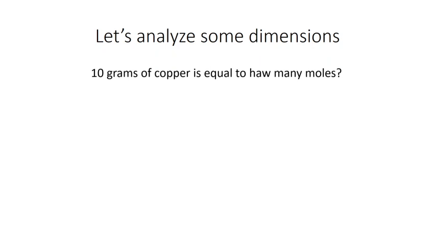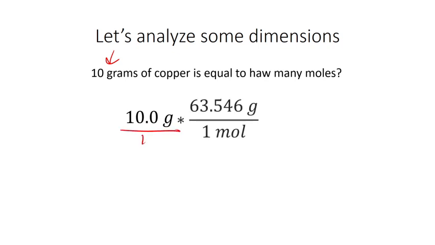Okay, so then if we start looking at some dimensional analysis, right, we might be asked questions like 10 grams of copper is equal to how many moles? And so we're going to start with what we know, right, which is that we have 10 grams of copper. And if we want, right, we can put that over 1. That's perfectly fine. And then we're going to find the atomic mass of copper, which usually is presented as grams over moles.